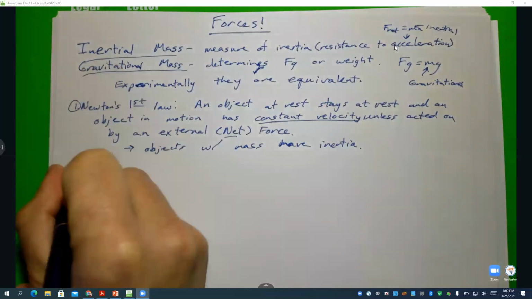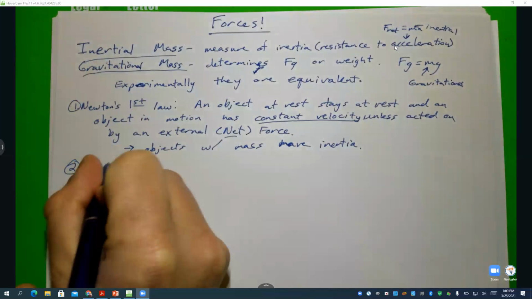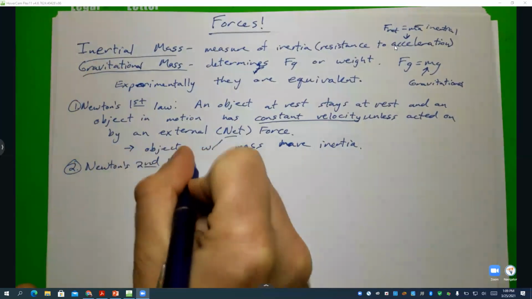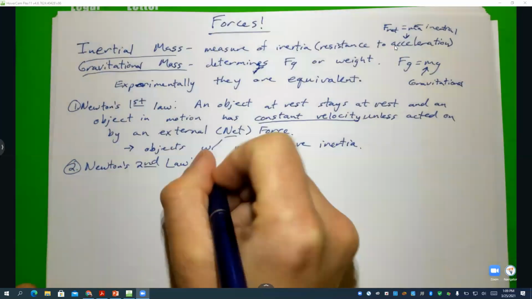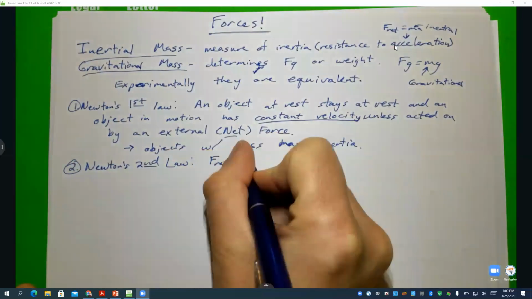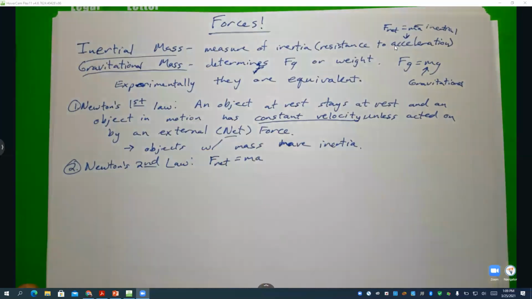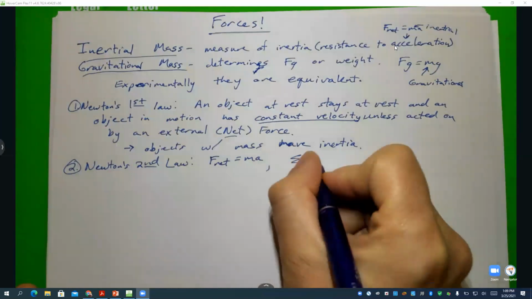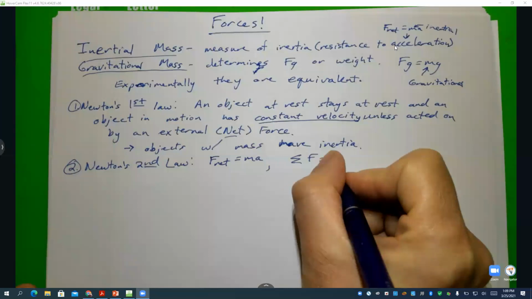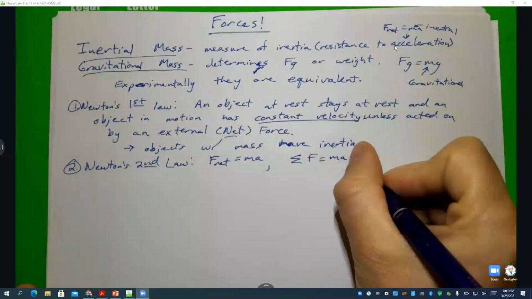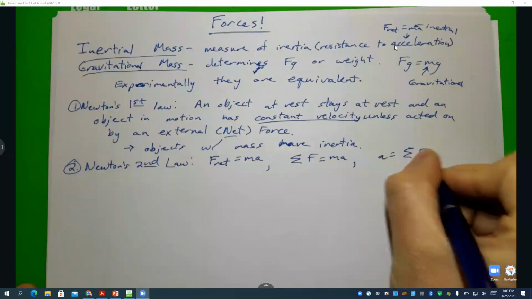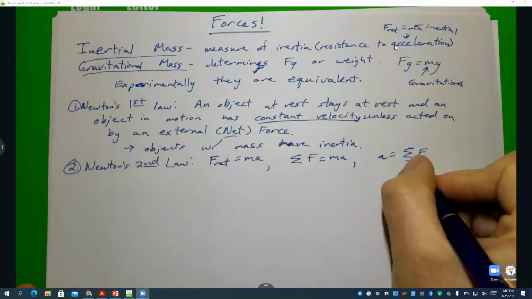The second law is one we use a lot: F net equals ma. It's sometimes written as sum of the forces equals ma. On the equation sheet, it's rearranged to be a equals the sum of the forces divided by m.